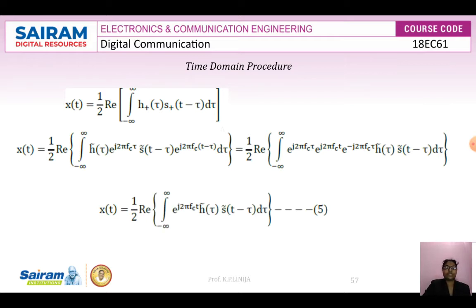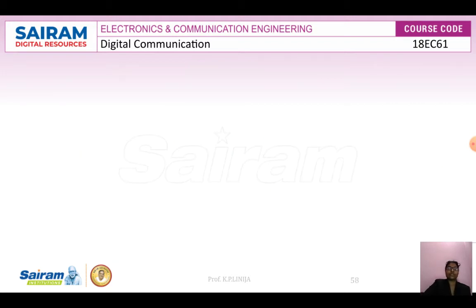Therefore, this expression can be reduced to 1 by 2 into the real part of the integral from minus infinity to infinity of e power j 2 pi fc t, h bar of tau into s bar of t minus tau into d tau.